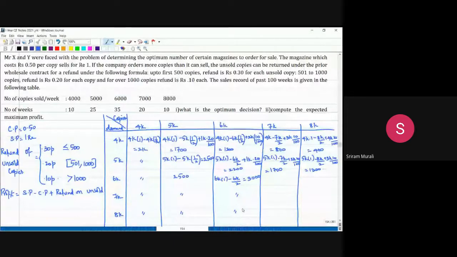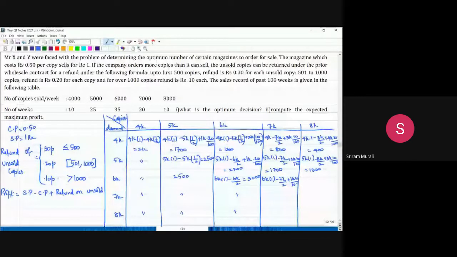What about this case? 6k into 1 minus 7k into 1 by 2. What is the unsold copy? 1000. 1k into 10 by 100.